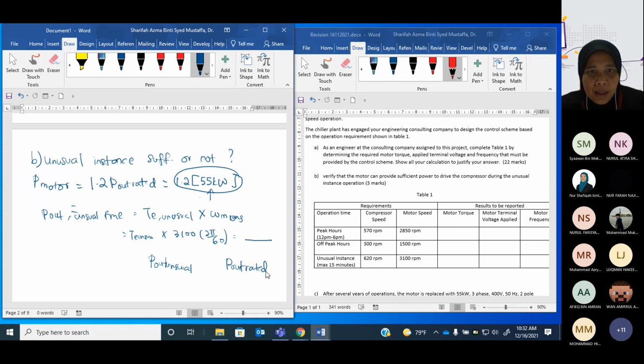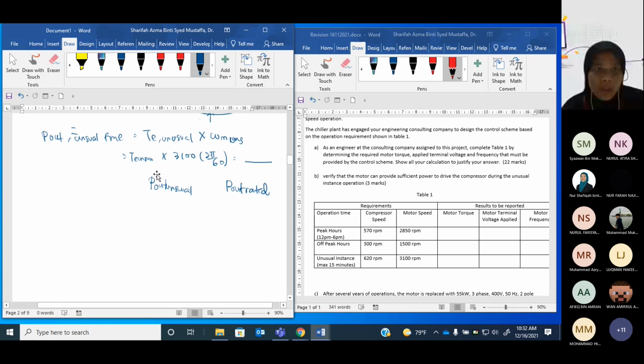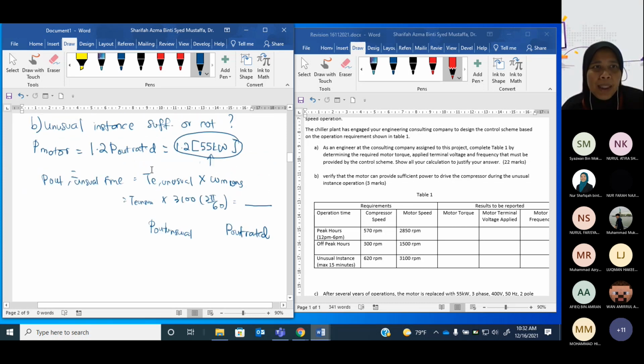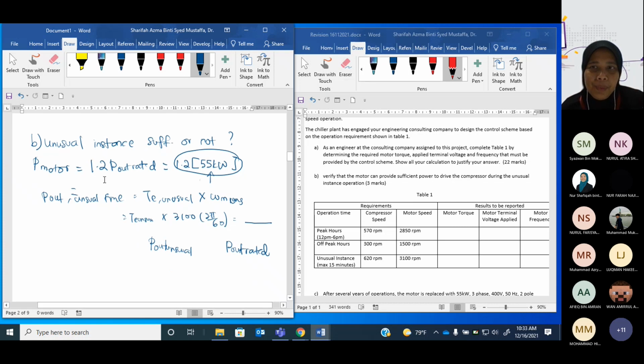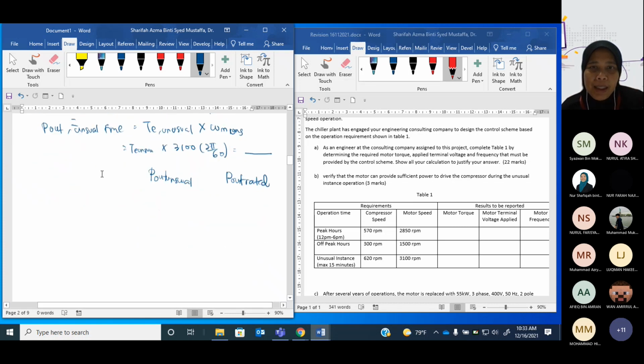Baru you can put the answer. Okay, whether it's sufficient or not. Boleh? So basically part B ni, you already have all the information in part A. So you just use the formula that relate the output and the torque and speed to verify your answer. Okay. Boleh? Yang banyak makannya part A.